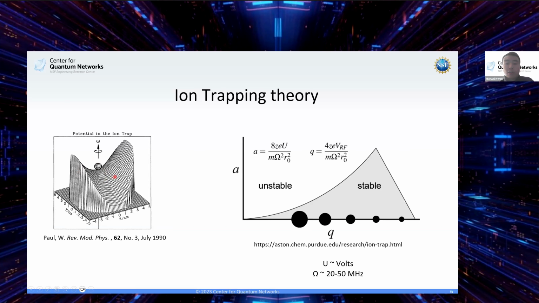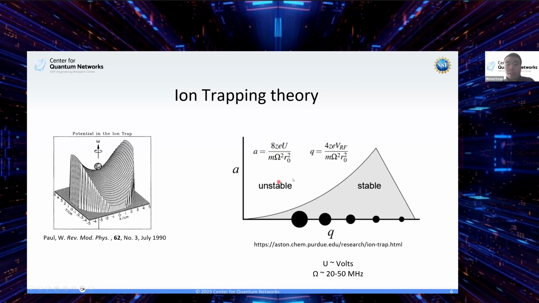Formal solutions of the trapping locations and depth of the wells, that depth is also called the trap depth, can be found by solving the Mathieu equation with the relevant input parameters: r0, the ion to electrode distance; U and V, the DC and RF amplitudes respectively; and omega, the RF frequency; also the charges and mass of the ions.